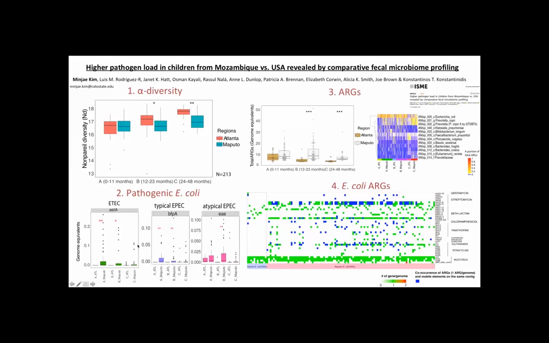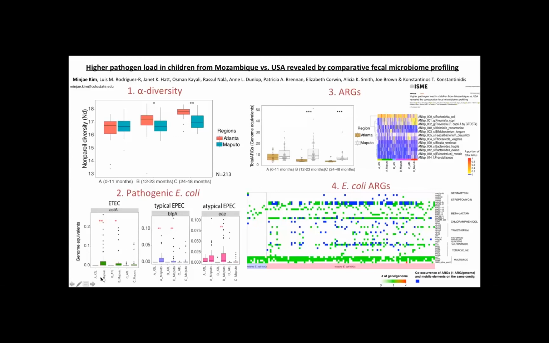And secondly, we tried to assess the relative abundance of the specific pathotype of the E. coli by using the diagnostic genes abundances. And before moving on, in the x-axis, you can see some of the legends, A_ATL, A_Maputo. So A means the youngest age group, 0 to 11-month-old, and B is the second, and C is the oldest one.